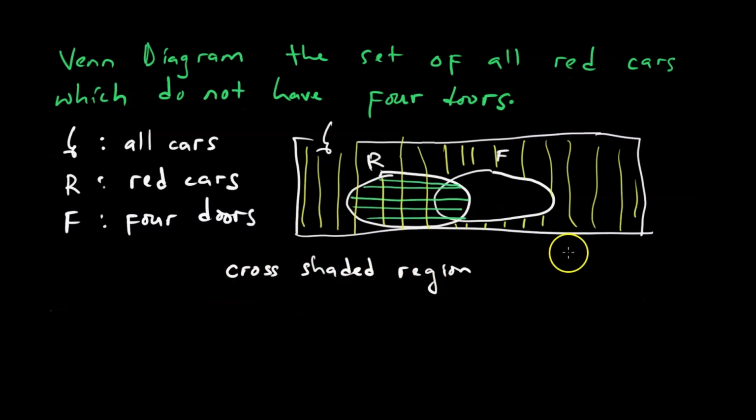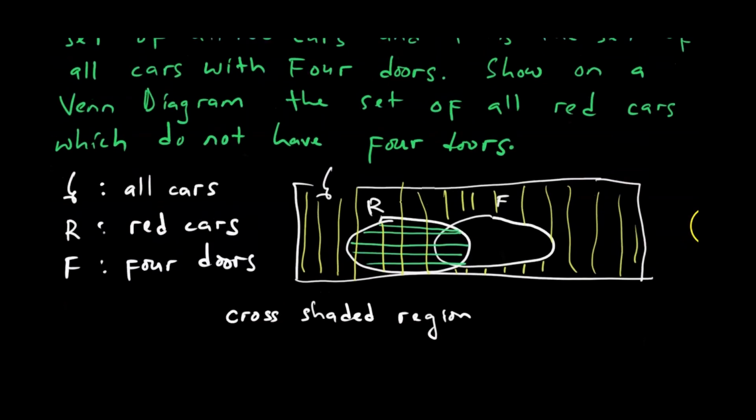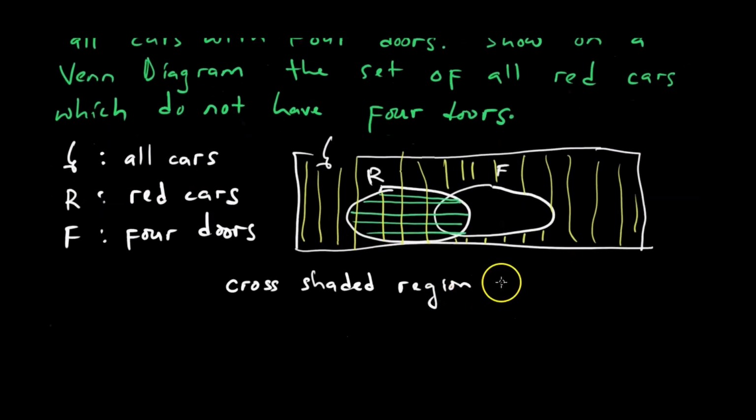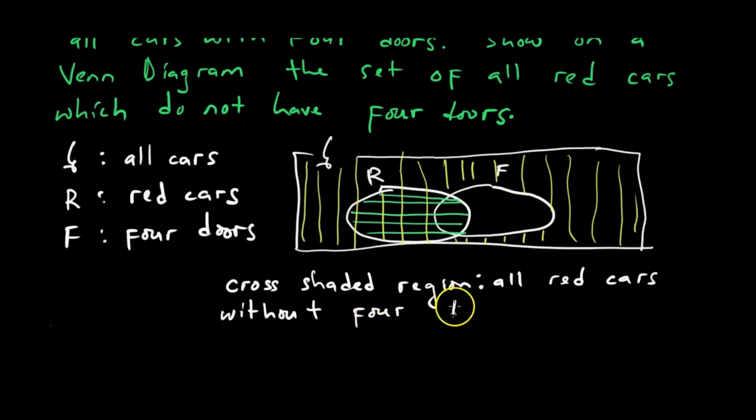This cross shaded region is actually representing all red cars without 4 doors. So that is what we do.